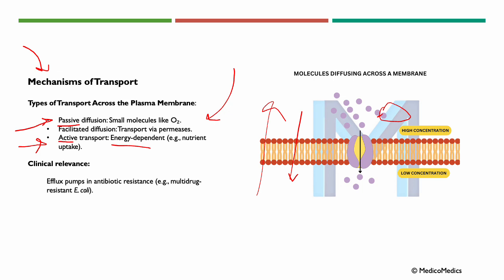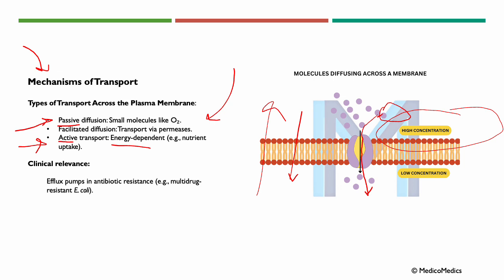And it's driven mainly by concentration gradients, for example, from high concentration to low concentration. And it's important for bacteria because it allows it to efficiently take up small molecules like oxygen and CO2 without expending energy. And this is critical for survival.